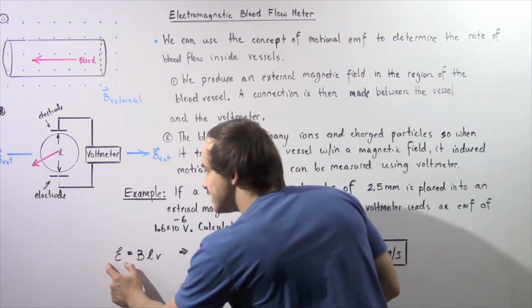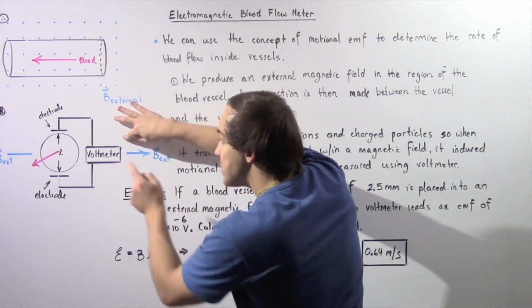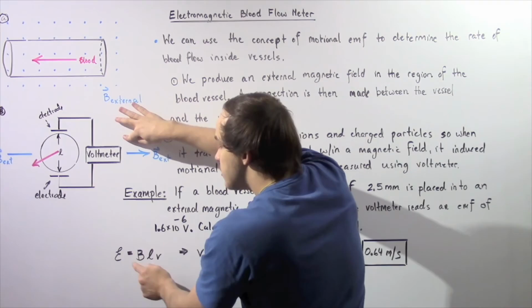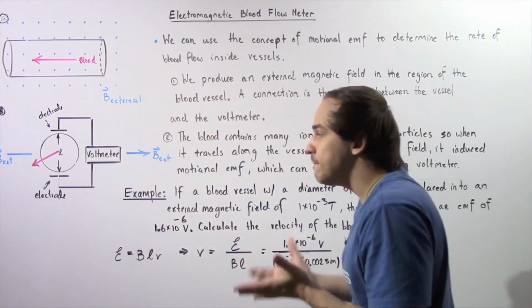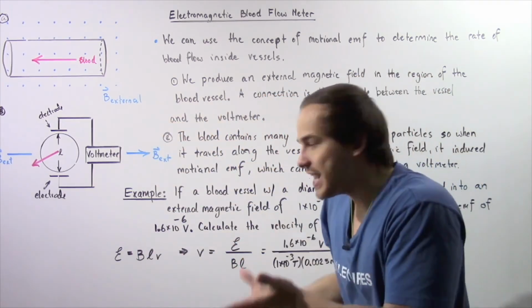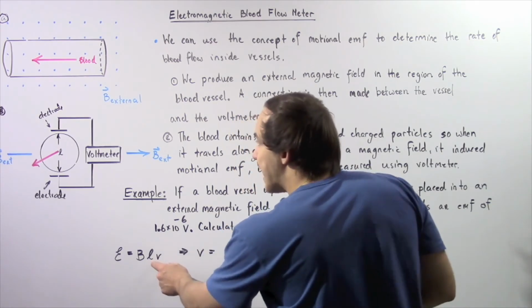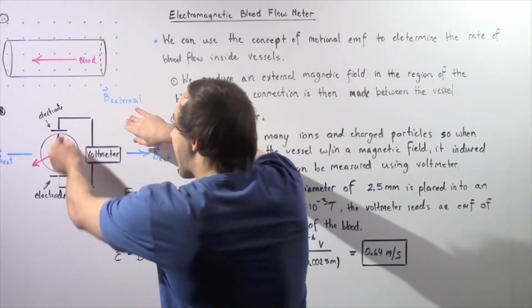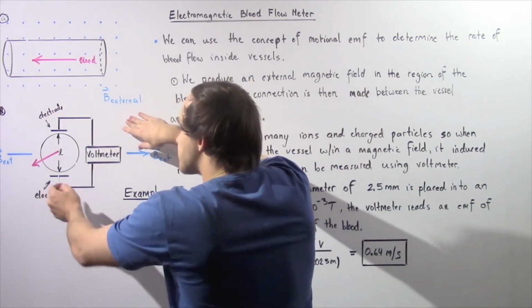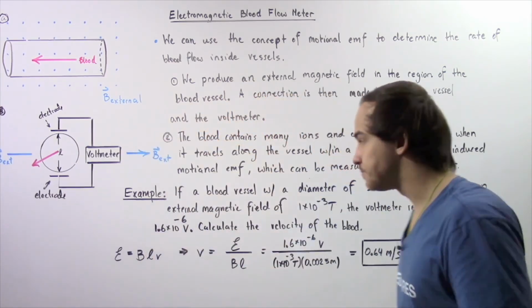The EMF is measured using our voltmeter. B is the magnetic field which we initially create, and L is the diameter of the blood vessel, which can also be measured.